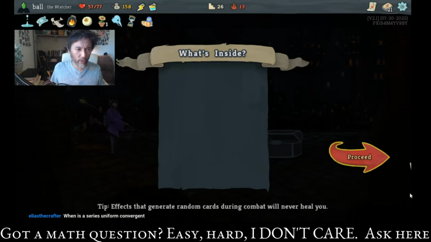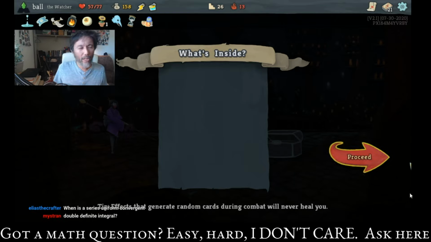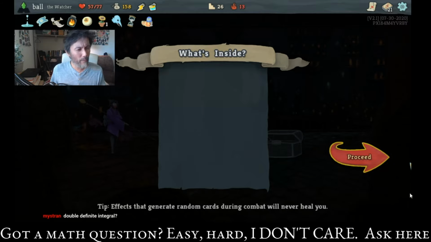When is a series uniformly convergent? So maybe I'm mistaken, because I don't know all the real analysis.